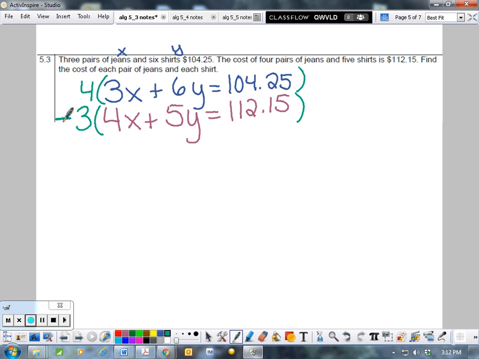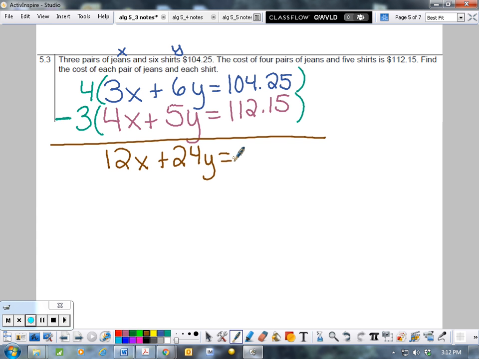And so now I'm going to go ahead and rewrite the system after I multiply. So 4 times 3x gives me 12x. 4 times 6y gives me 24y. I'm going to have to grab my calculator because I have no idea what 4 times 104.25 is. So 4 times 104.25 gives me 417.